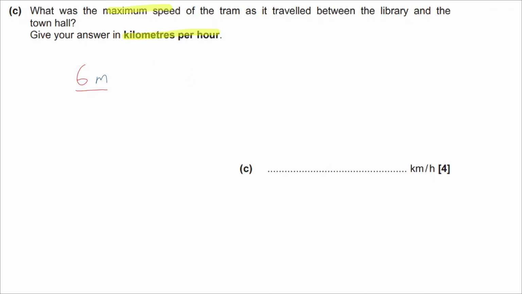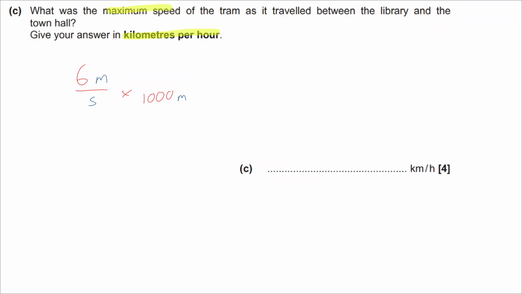And the way that I go through this is like this. You're trying to get kilometers, you've got meters. Let's do this over here. We know that in 1 kilometer there are 1,000 meters.